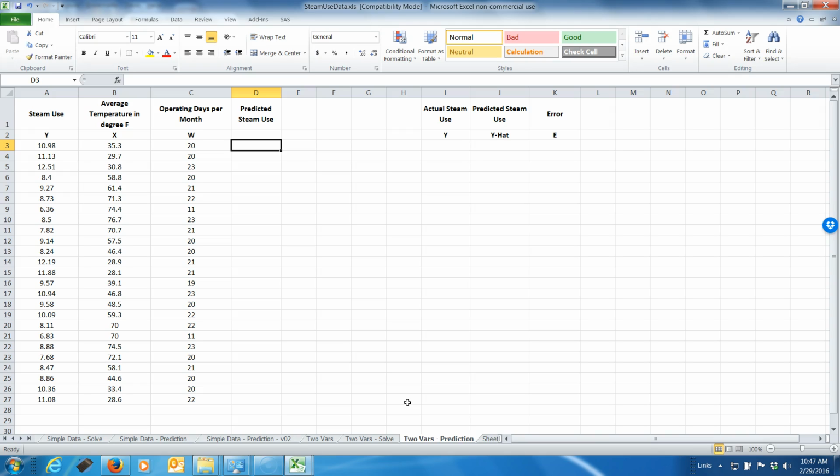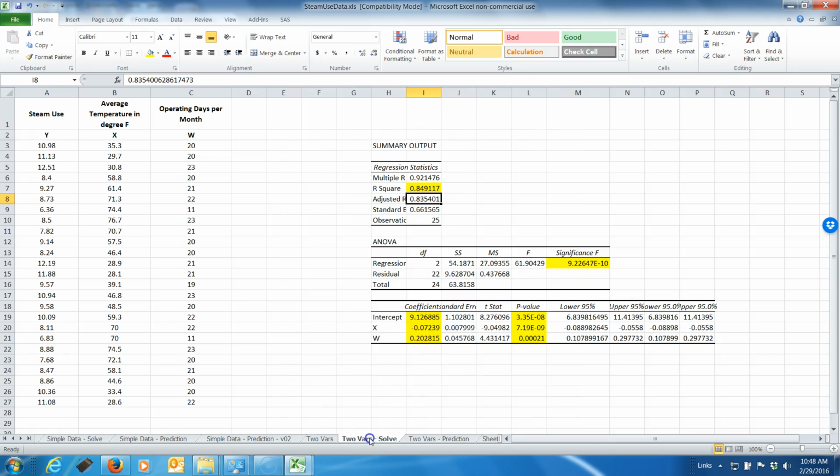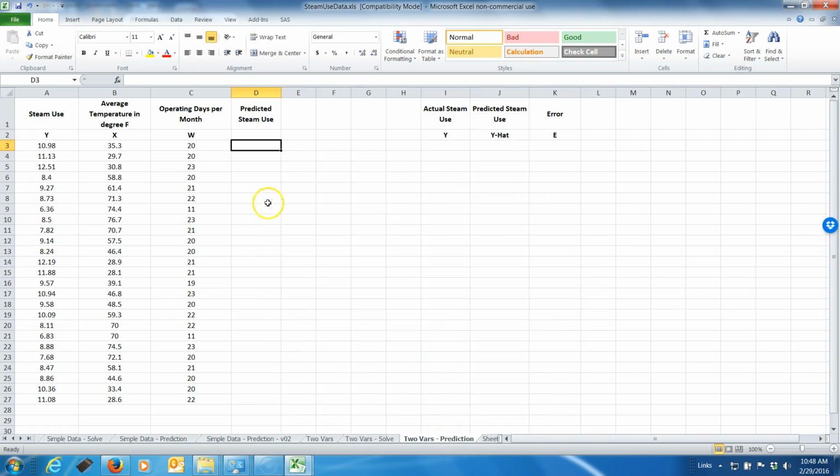So if I were to say something like, with this formula right here, I can say that the amount of steam that they will use will be negative 0.07239 times the average monthly temperature, plus 0.202815 times the number of days that they were open, plus 9.126885.